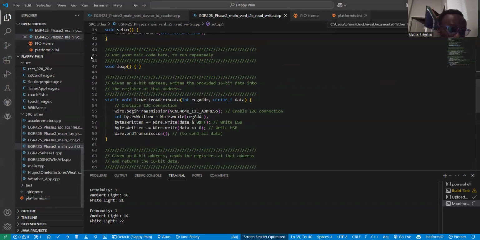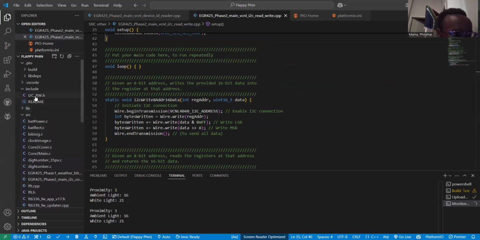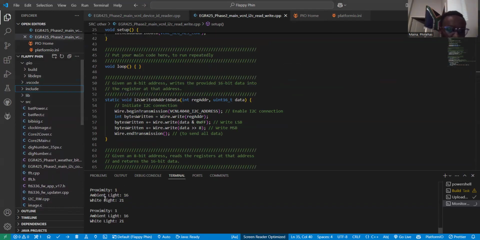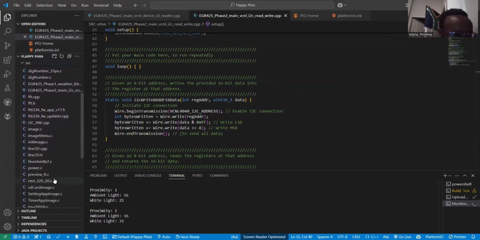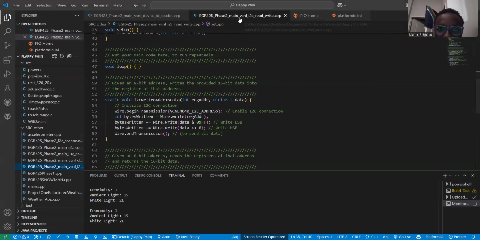The reason, okay, so at first, as you can see, the rw.h file was not working, but I had to put it inside this include folder in the project, and that's how it worked. Okay, let's move this one down here.